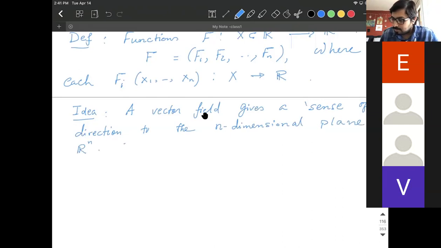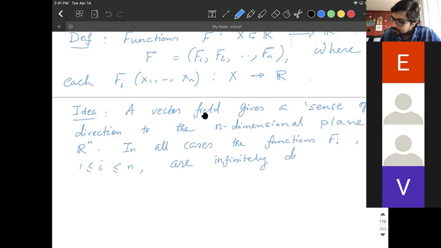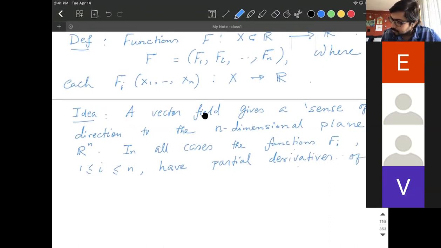Okay, so in all cases, at least the cases which we consider, the functions f_i, with 1 less than or equal to i less than or equal to n, are infinitely differentiable, so they have partial derivatives of any order.